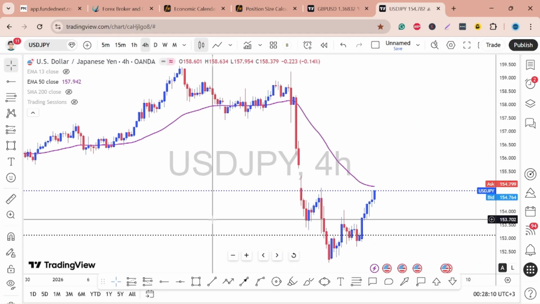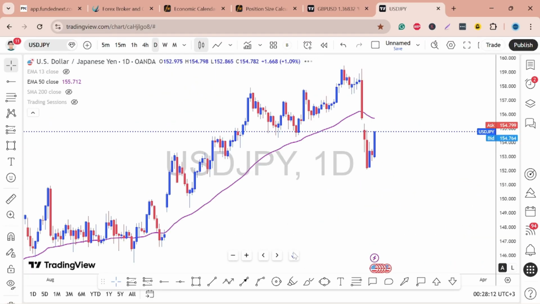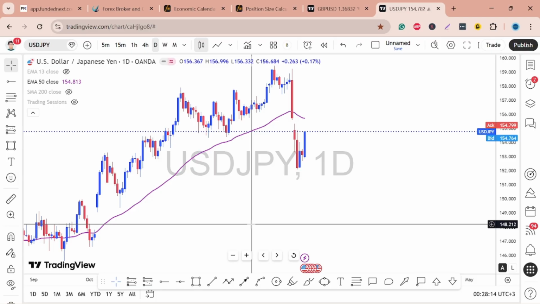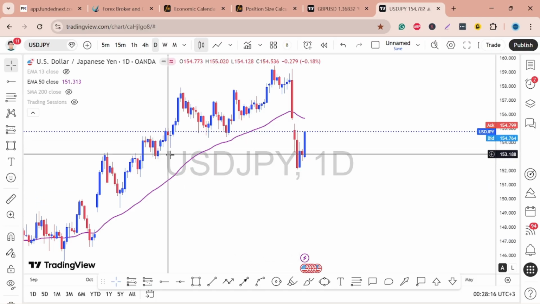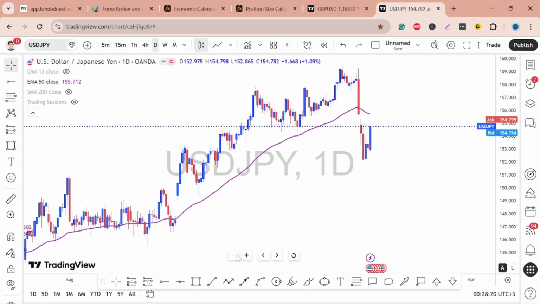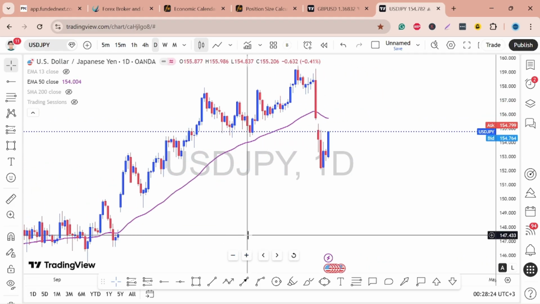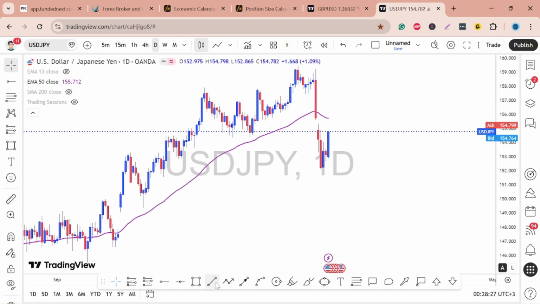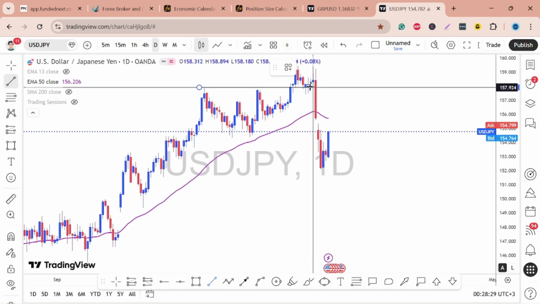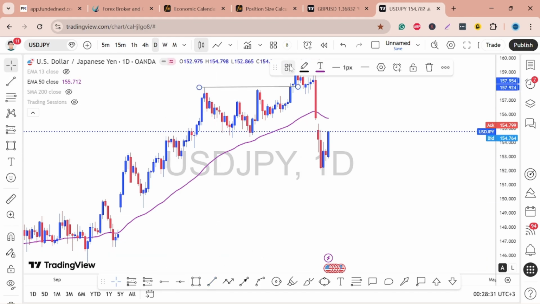USD JPY, sorry. From the daily perspective, this is what we have on USD JPY. We were bullish for a very long time. This was a break of structure.